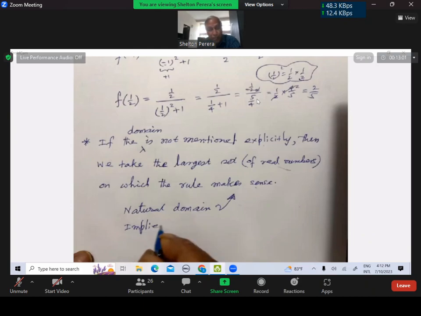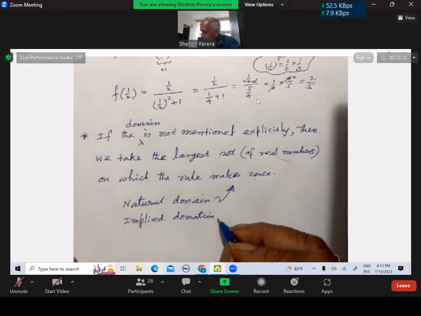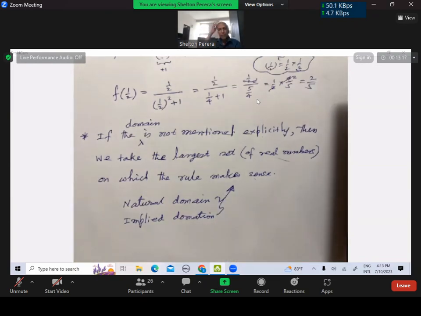It's not mentioned explicitly, but it's implicit in the statement. Natural domain or the implied domain.